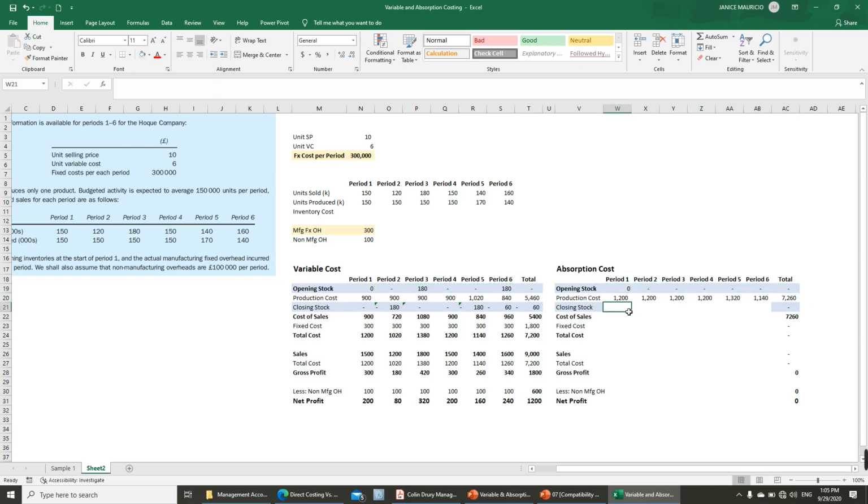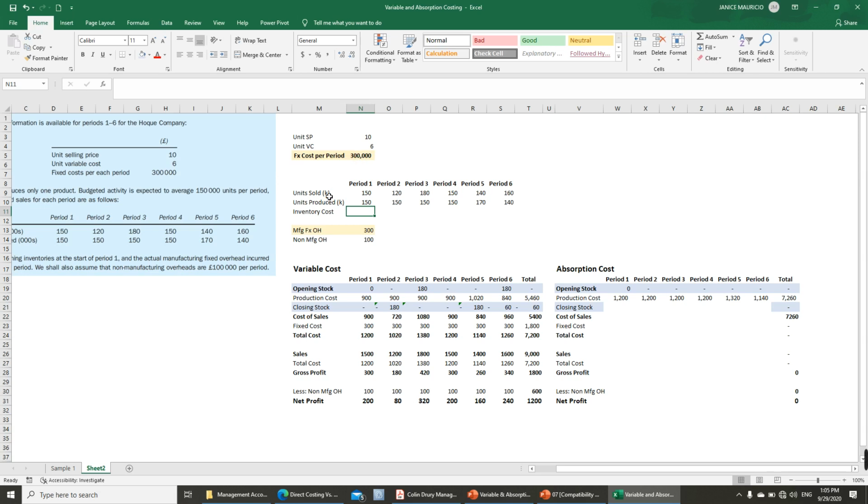Now, for us to compute the closing stock, we need to understand the inventory cost. I mentioned that inventory cost considers not only the unit variable cost but also the fixed manufacturing overhead. Since 6 GBP is only the unit variable cost, we have to compute the unit fixed cost per period based on the actual production units.